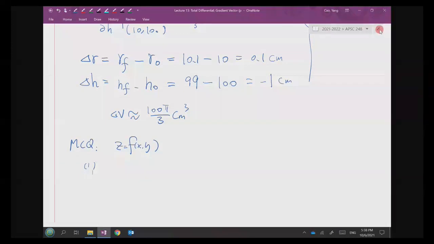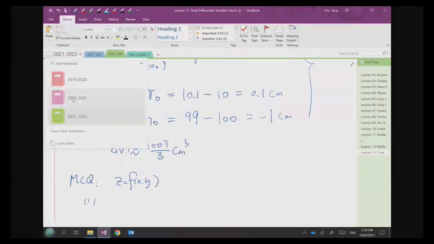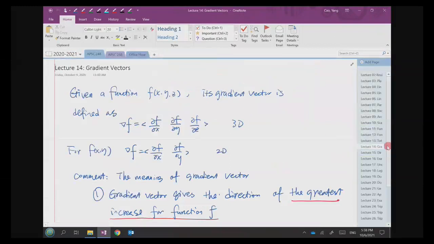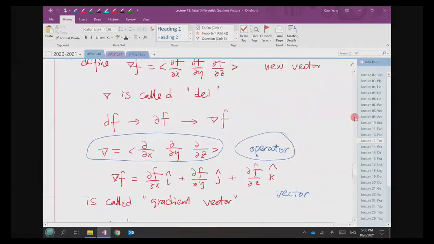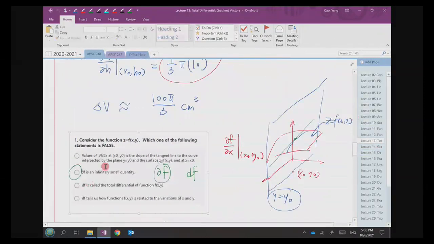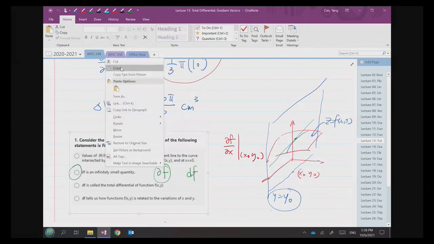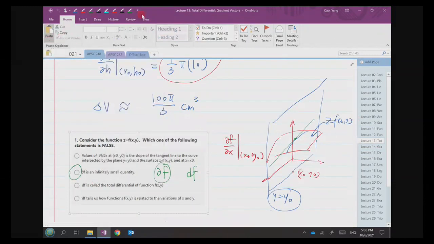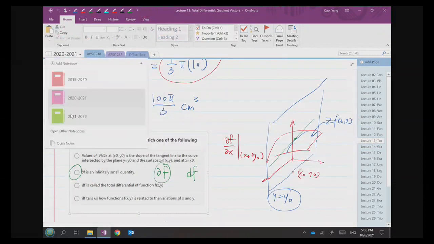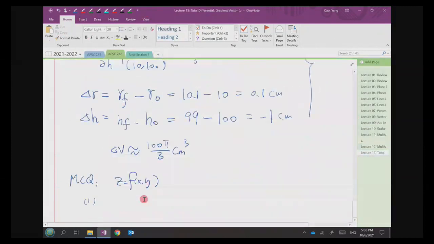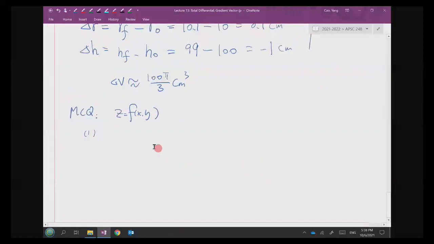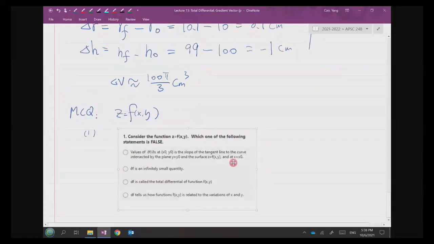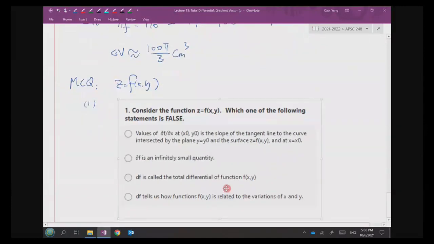Let me find the picture and paste it over here. Should have a picture somewhere from last year. Yeah, there you go. A little bit larger.